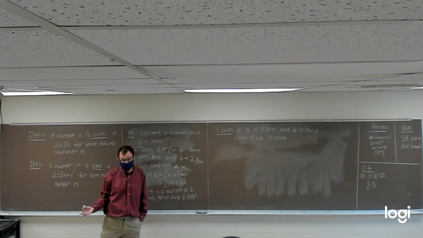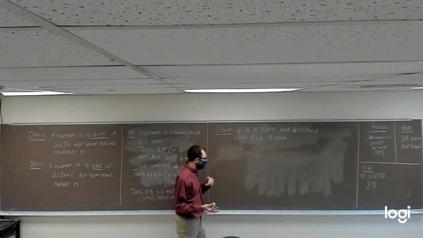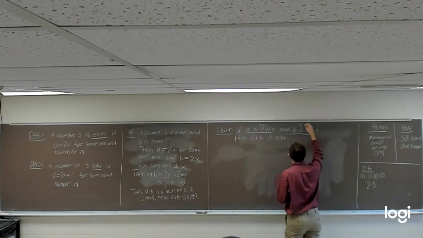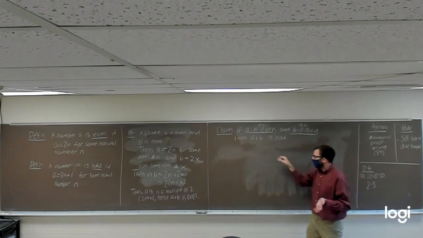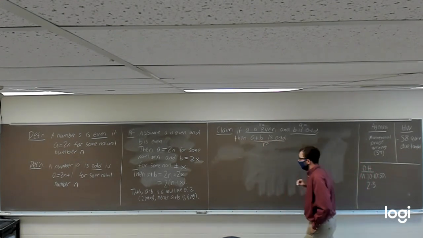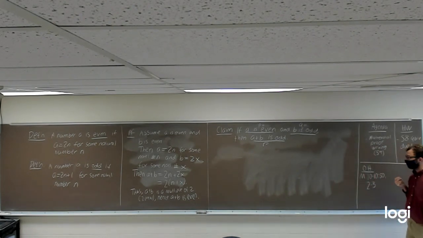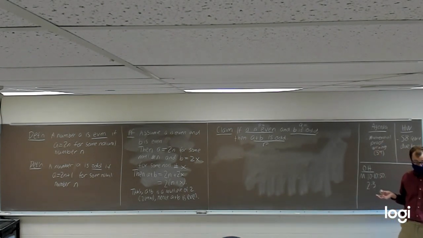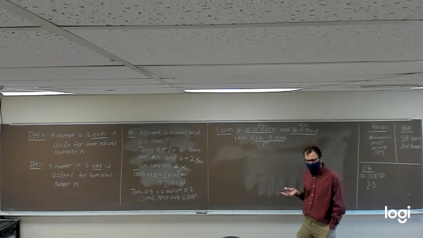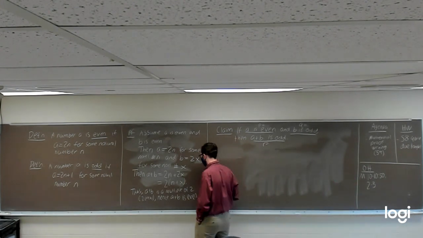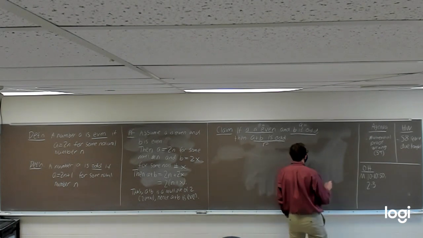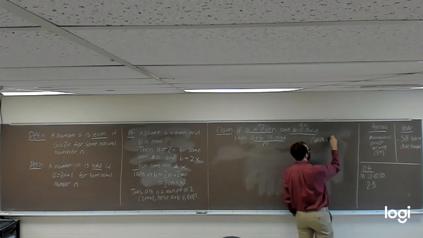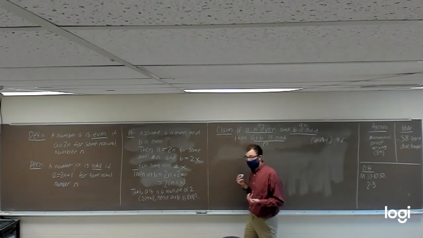A very similar sort of claim to what we saw on the front page, where we're saying if two different things happen, A is even and B is odd, I'll call those my P and Q here, then we want to show that A plus B has to come out to be an odd number. So if A is a multiple of 2 and B is one more than a multiple of 2, we want to show A plus B has to be one more than a multiple of 2. Same sort of statement. We're showing P and Q has to imply statement R.